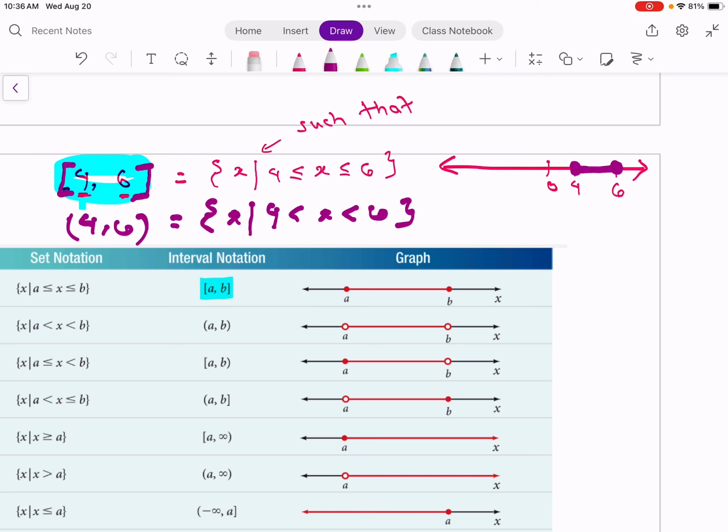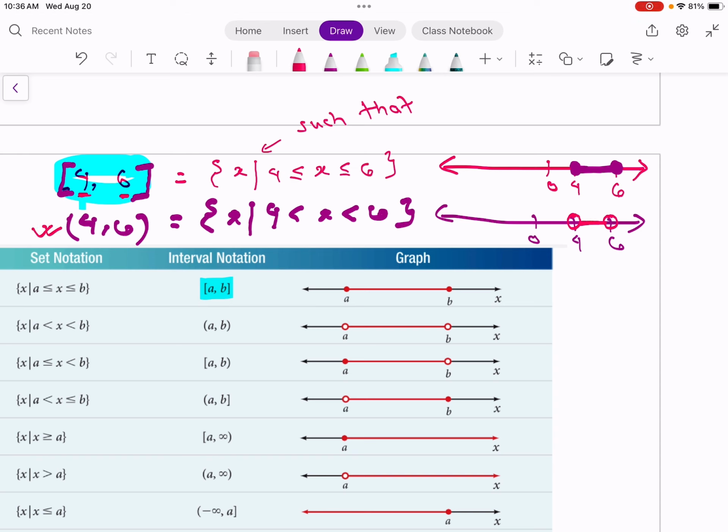Now how does it look on a number line? On a number line, we have a 0, we have a 4, we have a 6. What do we use as a notation if we have a parenthesis? We use an open circle, and every number in between 4 and 6, that is this set.